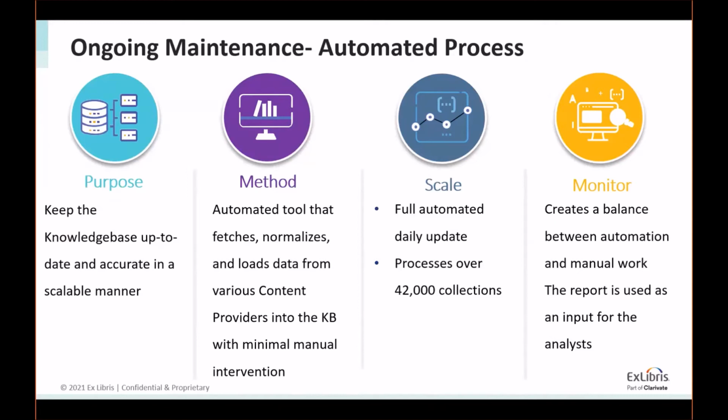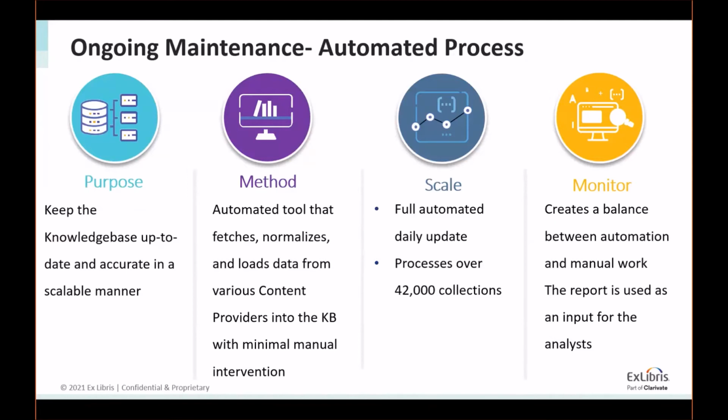We try to make it better and efficient. So once the initial configuration is set, there is minimal manual work required. And this way we gain efficiency and are able to process more content with our existing resources.